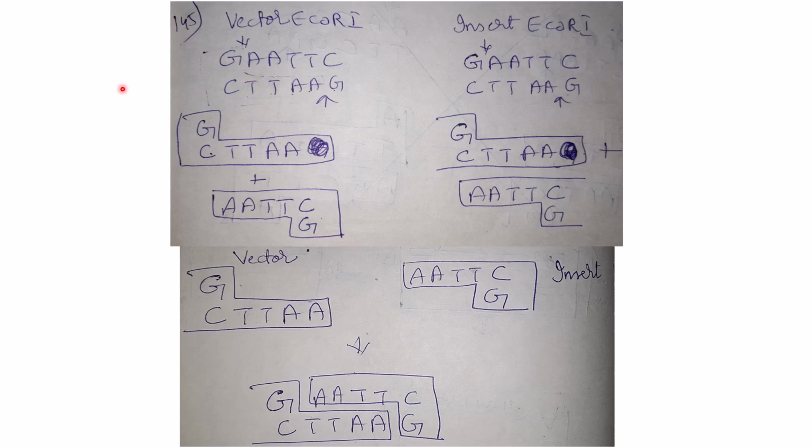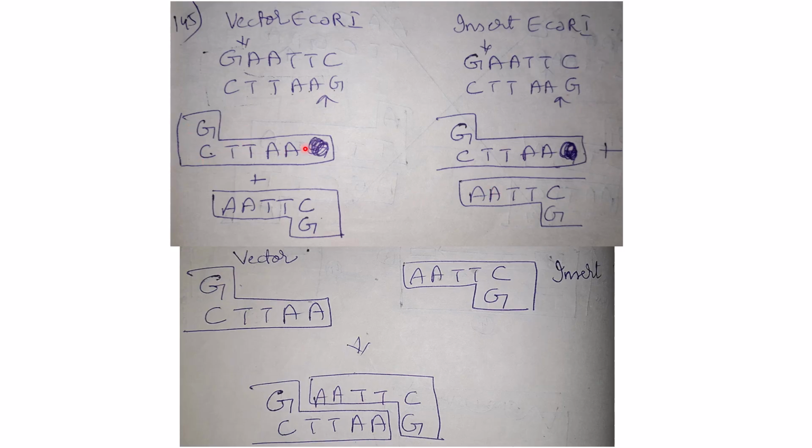Sticky ends means, see here, EcoRI cutting: one cut over here and the other cut on the second strand, it will create sticky ends like this, that is, they will have a small overhang which is single stranded. Here also single stranded. Now when you cut the insert DNA also with EcoRI, you will get small single stranded overhangs, and when you ligate them by adding DNA ligase, because of the complementary base pairing, they will tend to ligate together.